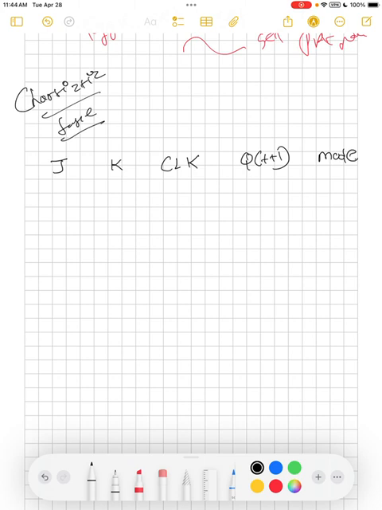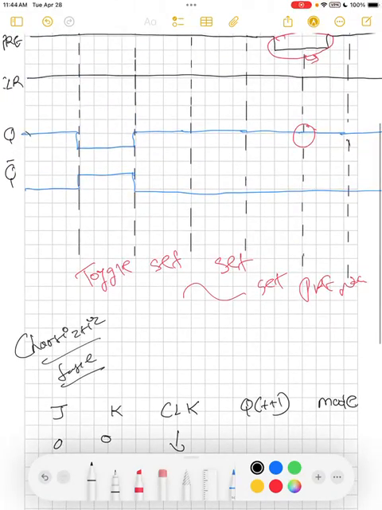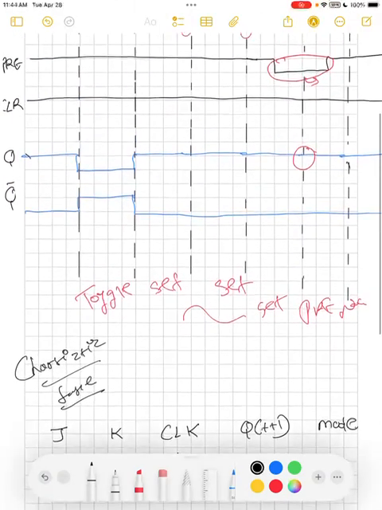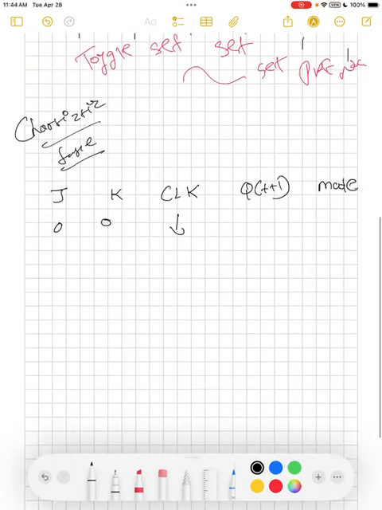When J is 0, K is 0, with the falling clock edge, the mode is no change. And it will stay the same, Q(t).